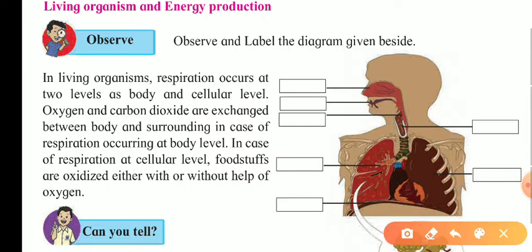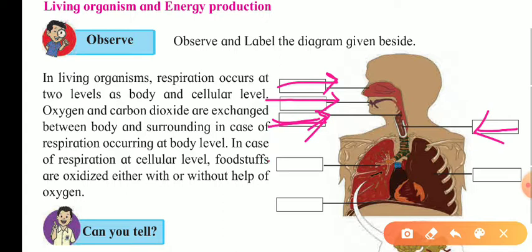So here we have different parts, like the first one, the nostril, through which the air enters inside, then the mouth, then the esophagus, then the vocal cord. Here, instead of esophagus, you can write trachea, because we are discussing the respiratory system.